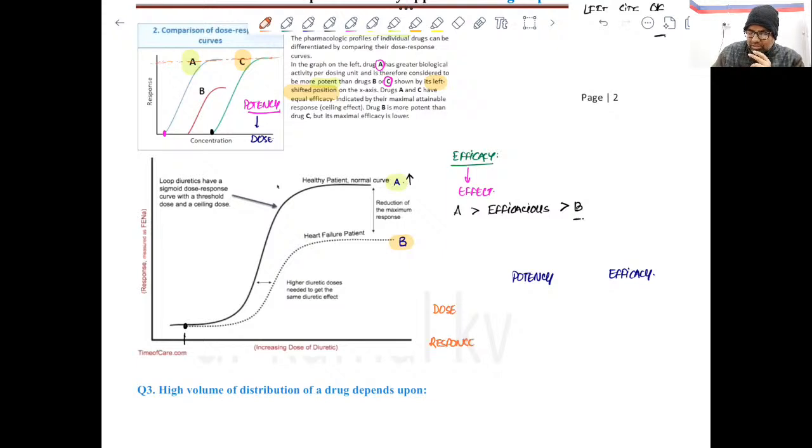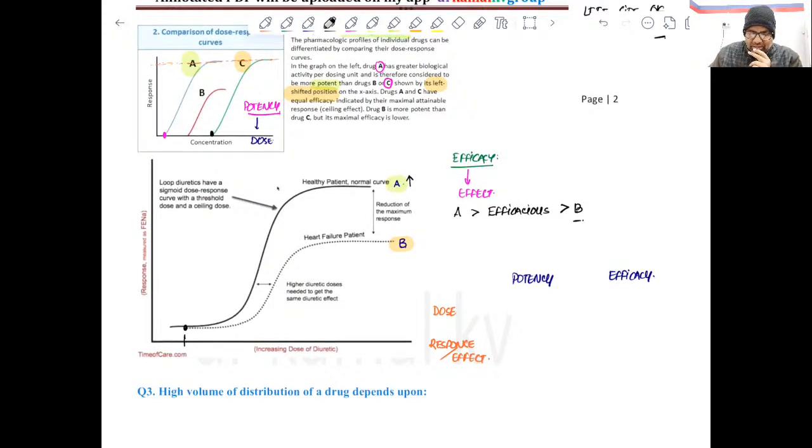Now response is nothing except the effect. So what is seen in potency? Potency, the response is same and the dose is different. Clear? And in efficacy, the dose is same and the response is different. Is that clear? So this is how you can understand.